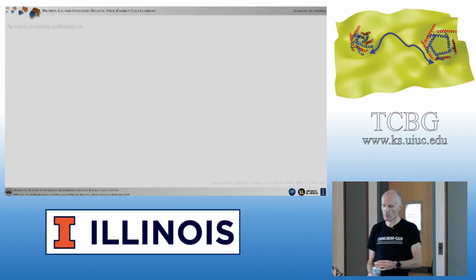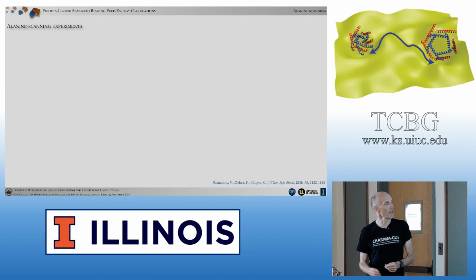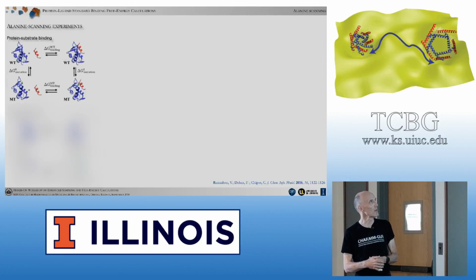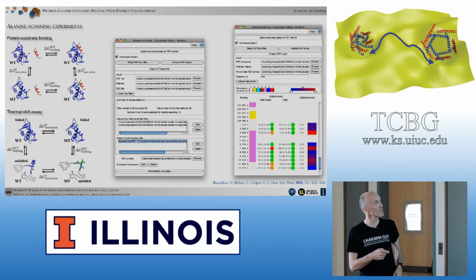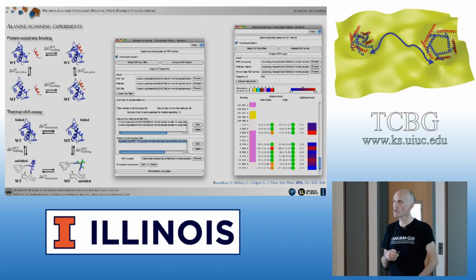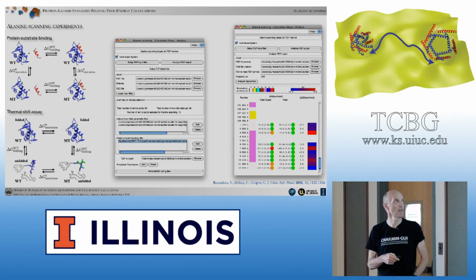And so that's what we did, or we tried to do. You can use alanine scanning for 2 purposes. You can use it from the standpoint of predicting stabilization or destabilization upon replacement of amino acids with alanine.